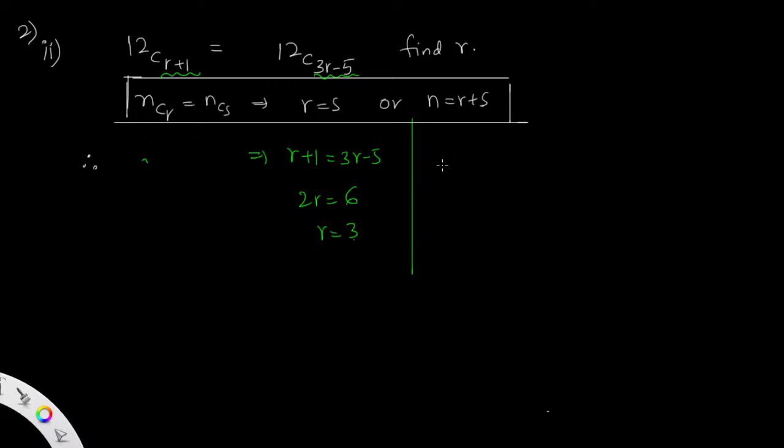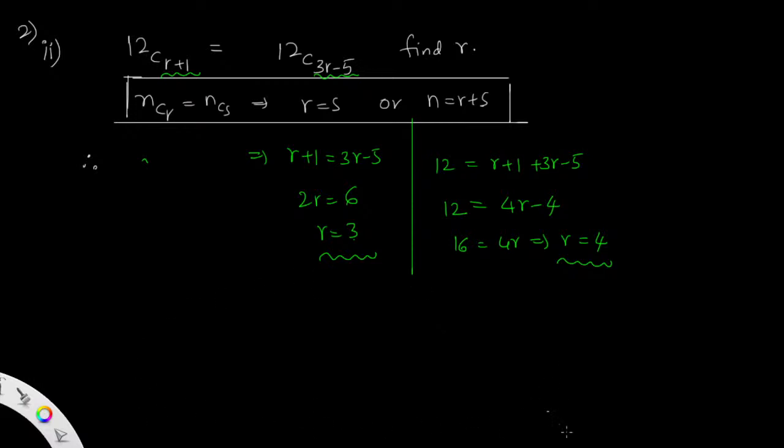And then from 12 equals (r plus 1) plus (3r minus 5), which gives 4r minus 4 equals 12. Then 16 equals 4r, so r equals 4. Therefore r equals 3 or r equals 4, both values satisfy the equation.